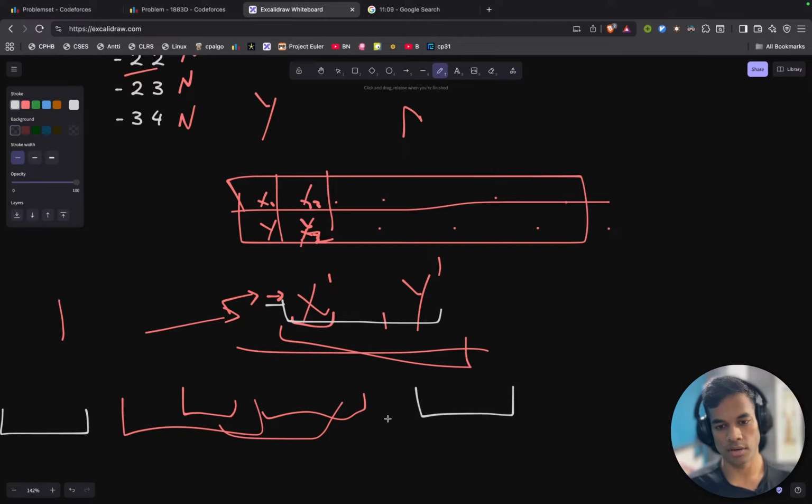For this segment to be on their right, we have to see how many segments are already there which have their right index smaller than the left index of this new segment. Okay, that makes sense. And for checking on the left, we will see how many segments are there whose left index is to the right of this current segment. This is x dash, y dash.